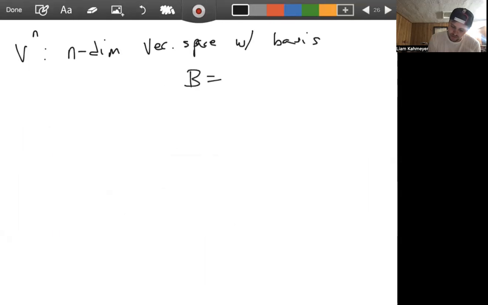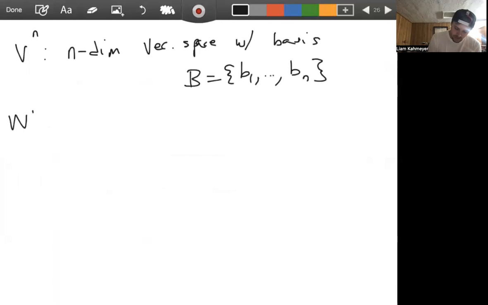So let's set the stage here. Let's let V be, well, V sub n, an n-dimensional vector space with basis B, which is b1 through bn.